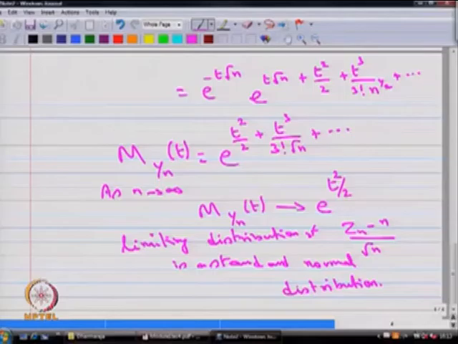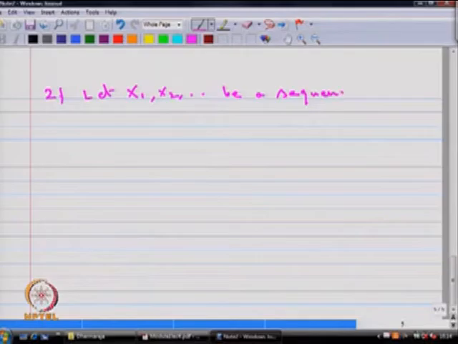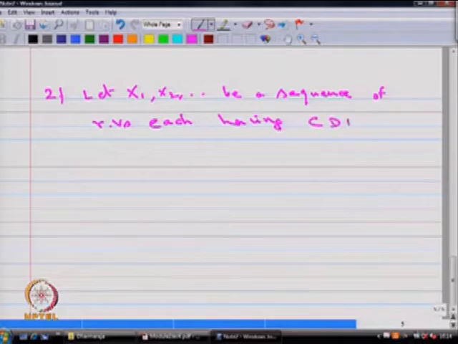Next example, let X1, X2 and so on be a sequence of random variables, each having CDF, cumulative distribution function, F_{X_n}(x).